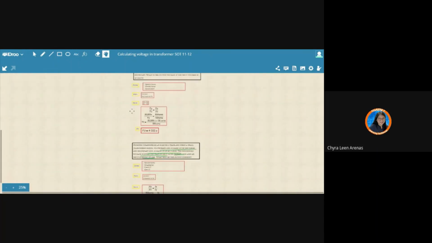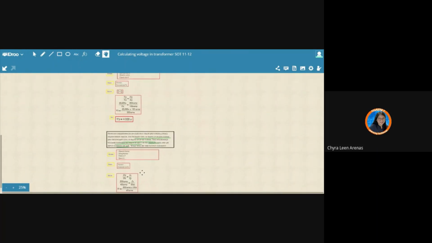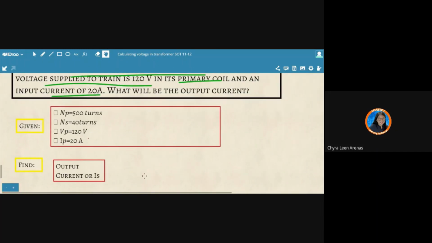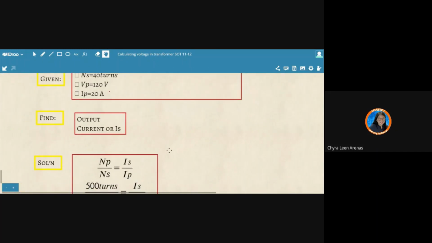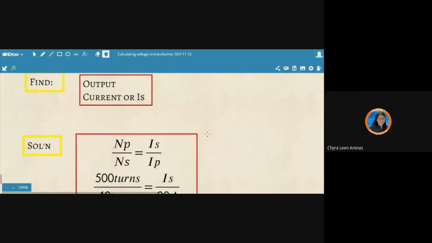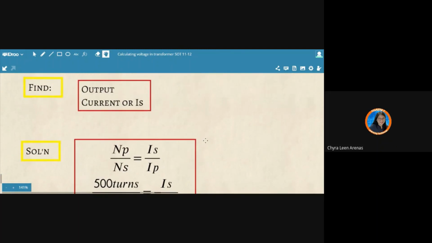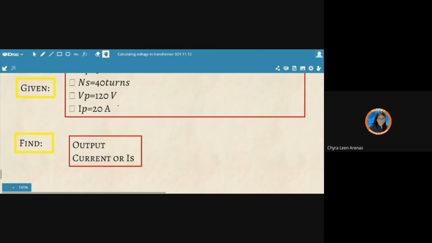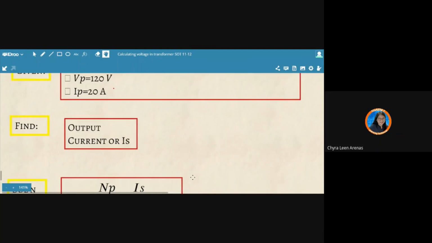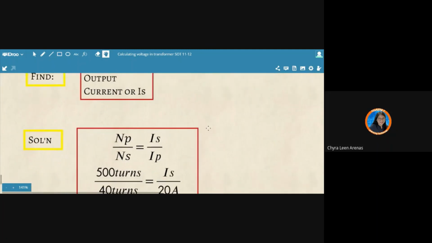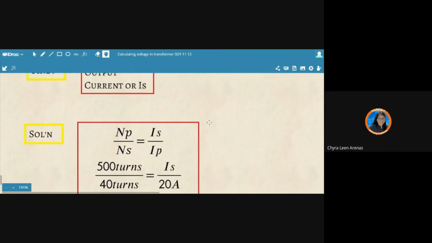Here we have our formula, NP over NS is equal to IS over IP. Substitute based on the givens: NP, 500 turns; NS, 40 turns; equal to IS over IP, which is 20 ampere.